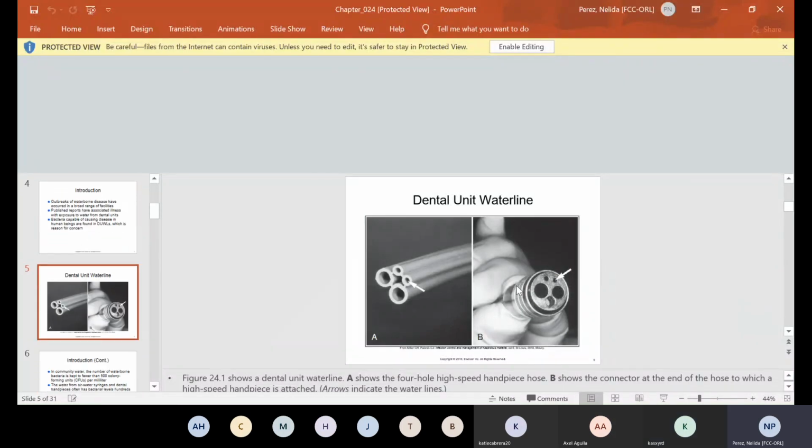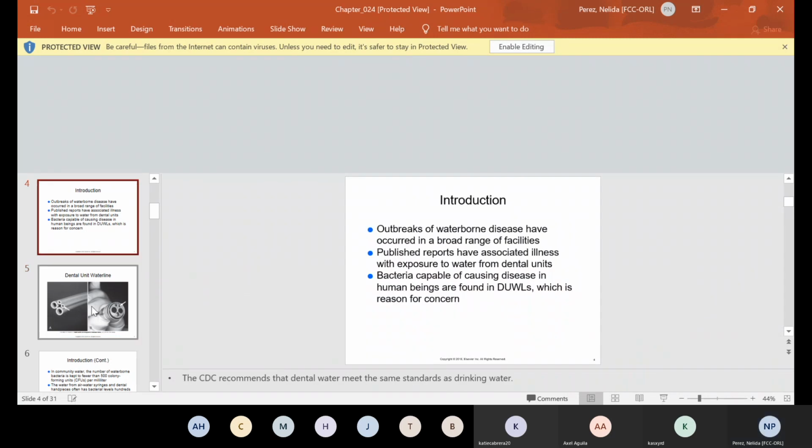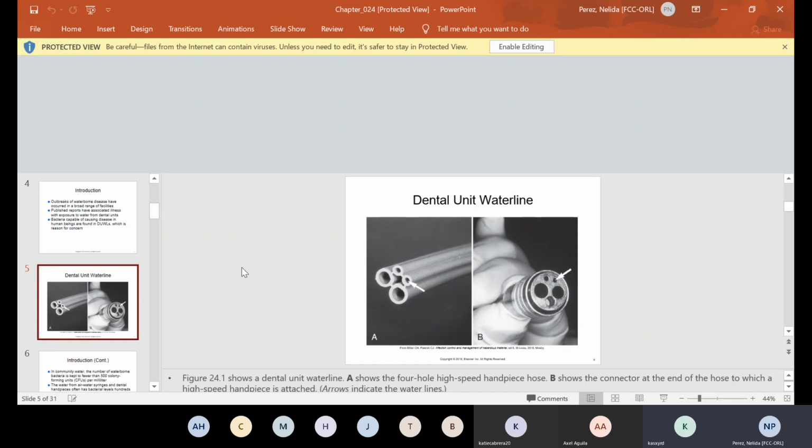Okay, can you see the PowerPoint now? Yes. Is it moving? Yes. Okay, thank you for letting me know. But now it came out a little bit smaller and I can't make it bigger. So I hope you can see it.